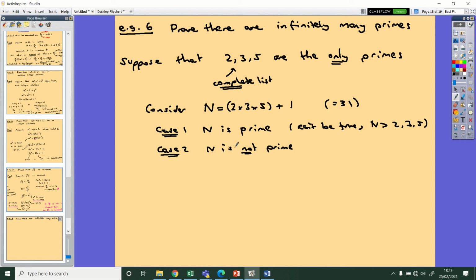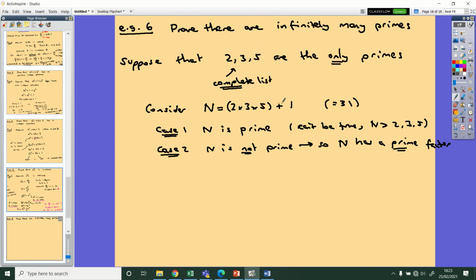That can't happen. If N is not prime, then that means that it must have some factor other than 1 and itself. So in particular, it's got a prime factor. So N has got a prime factor, and our only choice of primes belongs to this complete list, 2, 3, and 5.